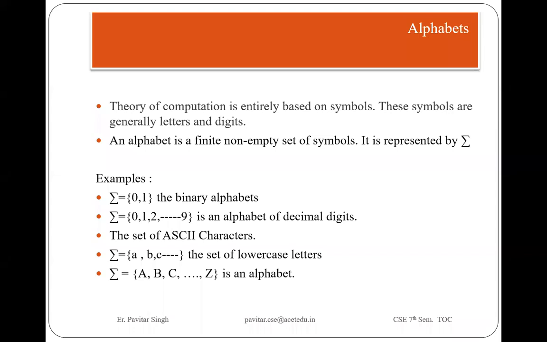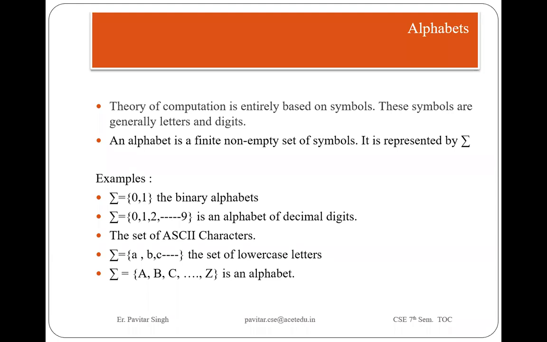I hope the definition of alphabet is clear to all of you. I'm going to repeat it one more time. Basically, an alphabet is a finite non-empty set of symbols. It is represented by sigma.